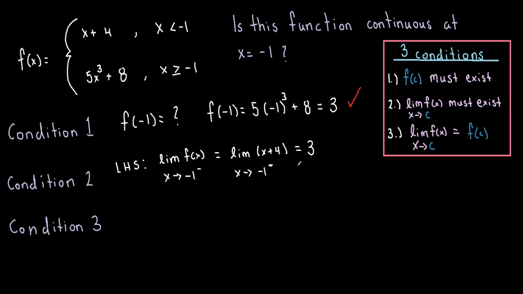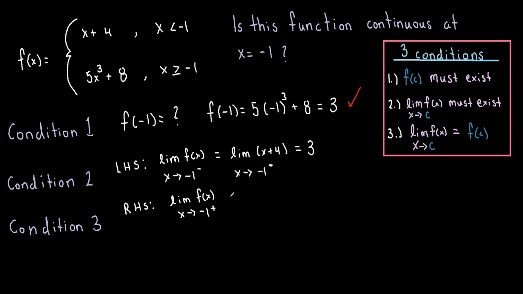Now, let's solve for the limit from the right-hand side. So the right-hand side limit is going to be the limit of f of x as x approaches -1 from the right-hand side.